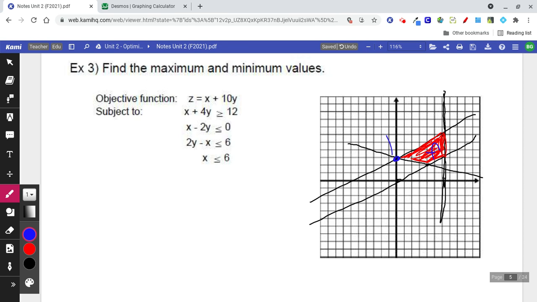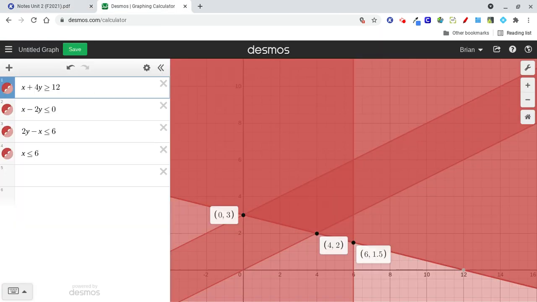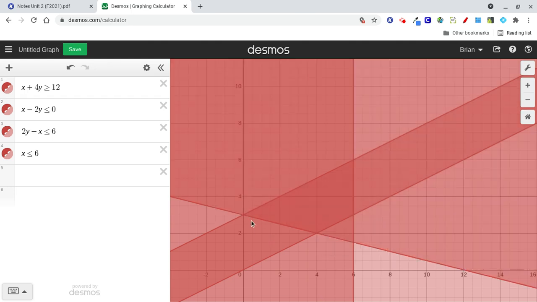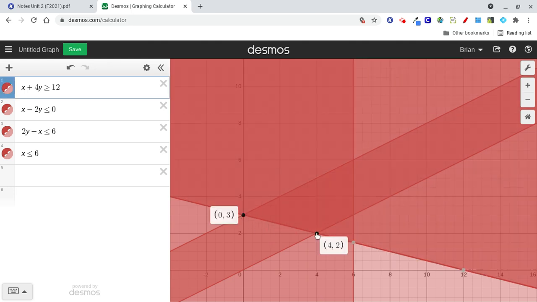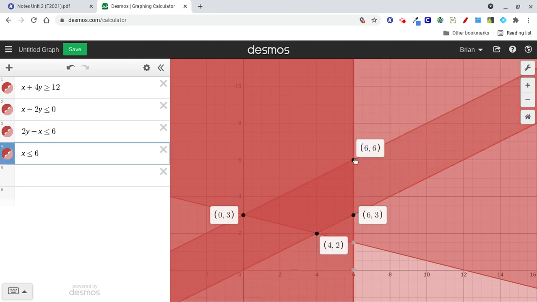So that's the corner point, what was that, (0, 3)? And this corner point, we've got (0, 3), (4, 2), (6, 3), and (6, 6). We've got those 4 corner points.